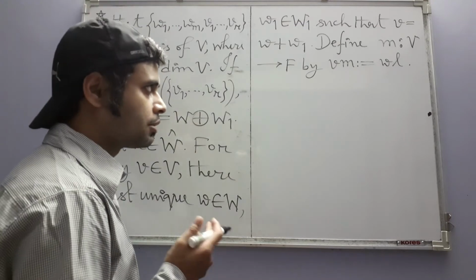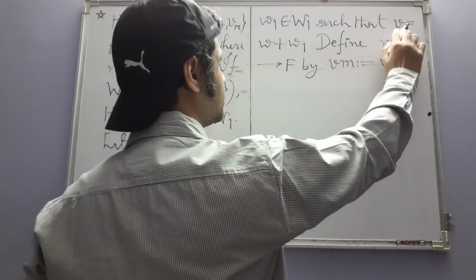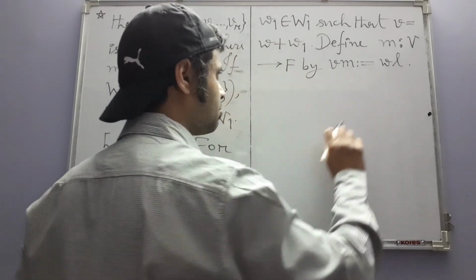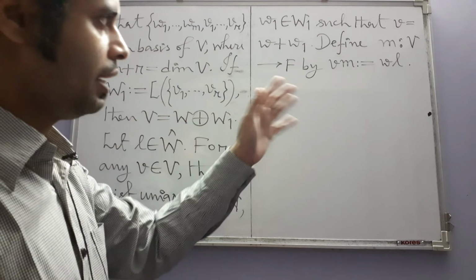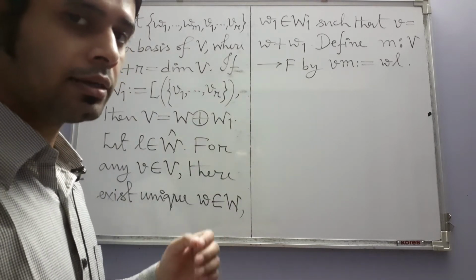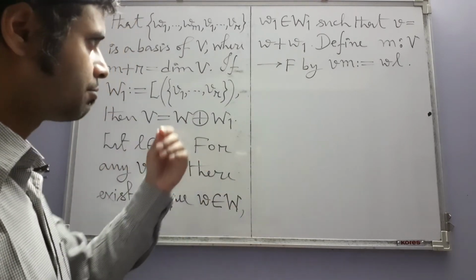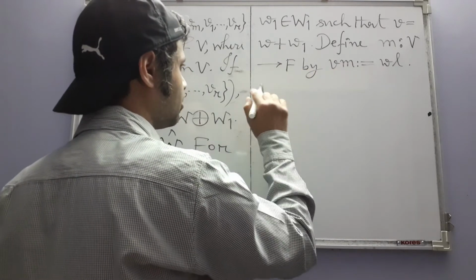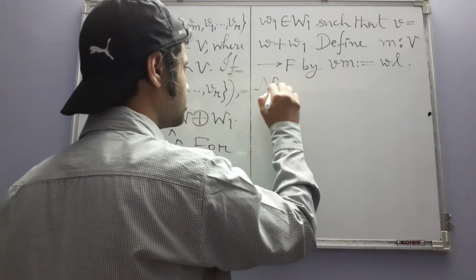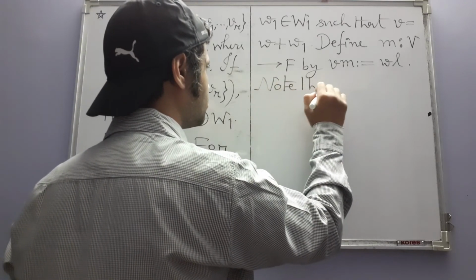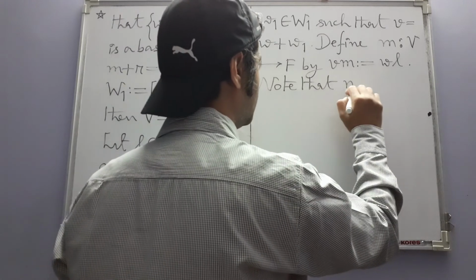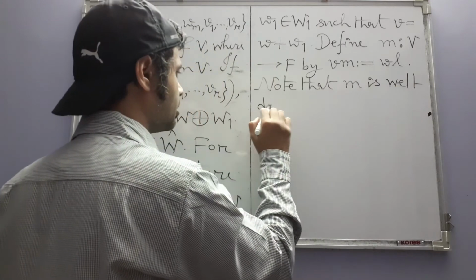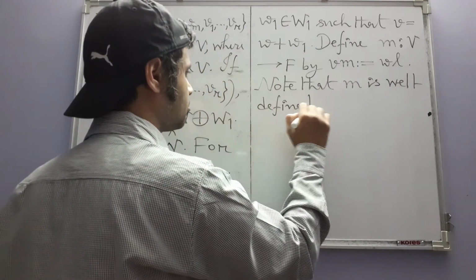And then comes the question of uniqueness. Because for a given v, w is unique. So this w is unique. But then for that w, wL is unique. That is because L itself is a well-defined function from W into F. So without of course writing all those things, we just simply mention, note that M is well defined. Okay.